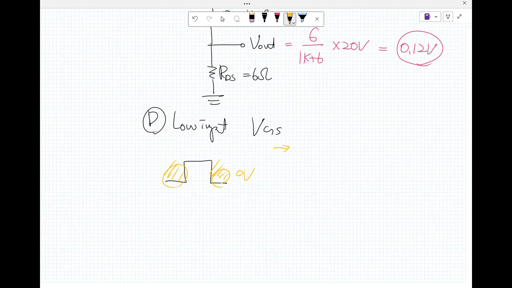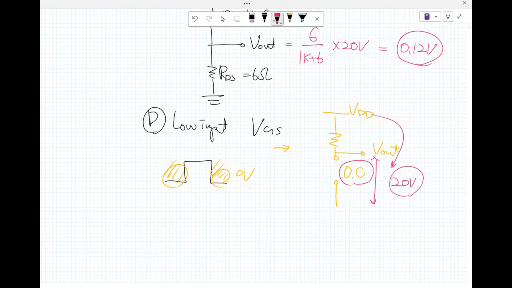For this case, the MOSFET was an open circuit. The open circuit means that part is the same as the 20 volt.